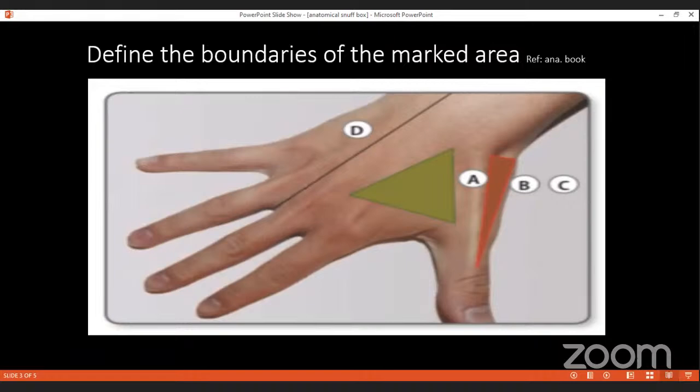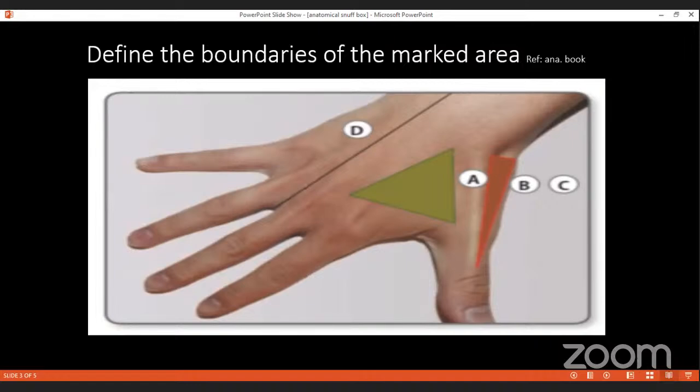First of all, given the mode of injury, the scaphoid bone can be fractured in this area. Very good. What are the other structures which are contained within the anatomical space? Radial artery. Very good. So can you please tell me the boundaries of this area? Or in other words, I'm asking you to identify structure A, B, and C, please.